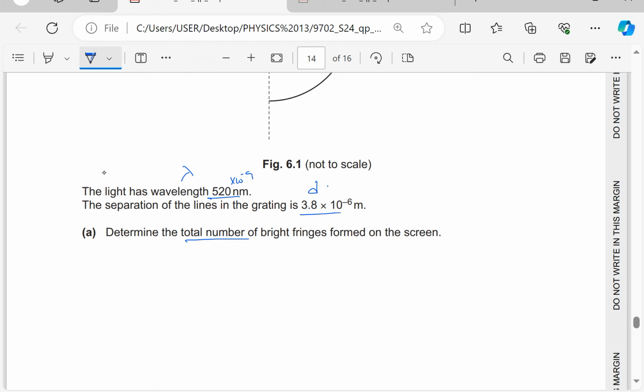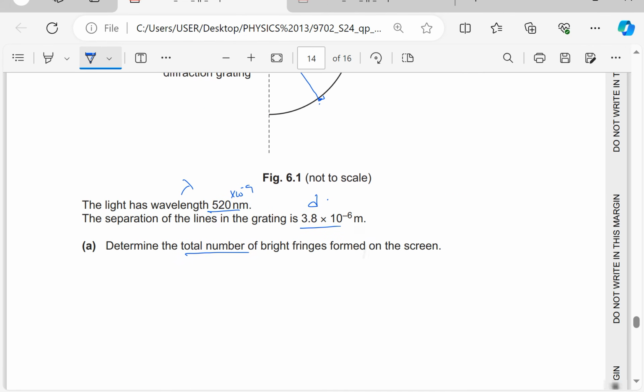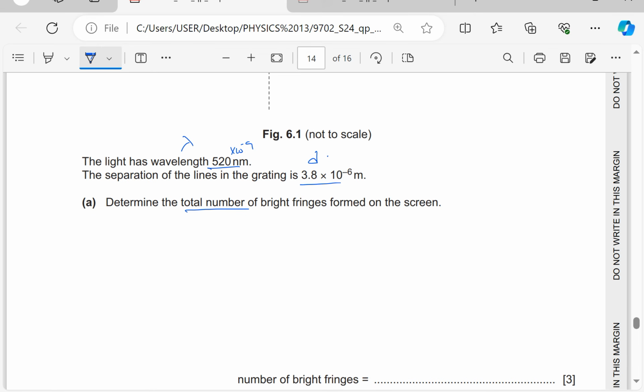We want the total. So if this is a diffraction grating, first of all, it forms the zero order. This is n equals 0. Then it will form n maxima on one side and n maxima on the other side. So we have the total number of orders this side, total number of orders the other side, plus the one at the center. So let's first of all find n.